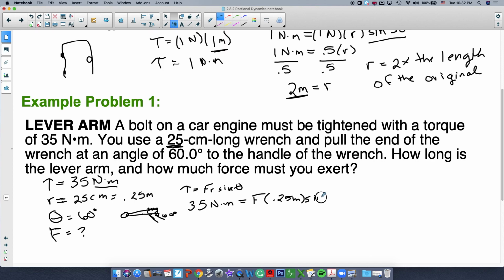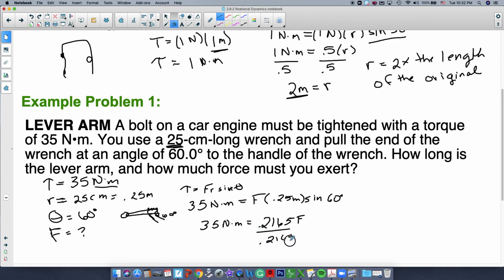And then we have sine of 60 degrees. Okay, so let's do a little bit of calculation here. I'm just going to multiply 0.25 sine 60, and we have 0.2165 times my force. Okay, so I'm actually going to use that number that's stored in my calculator.